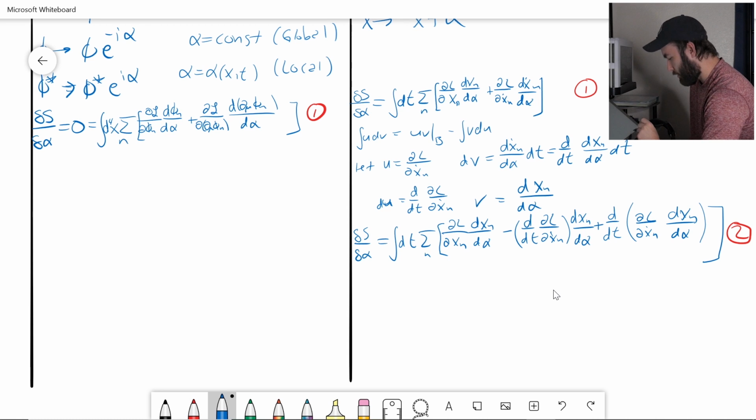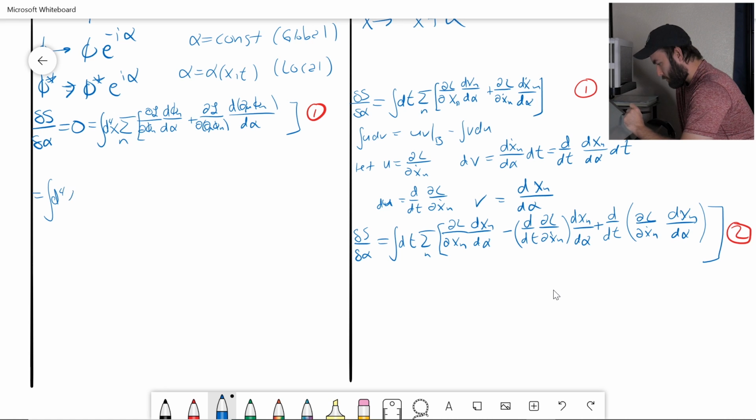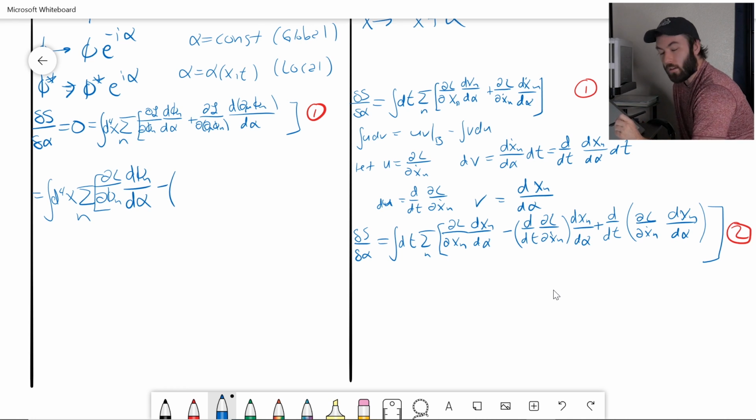And how do we say that over here? We'll just do our little translation. So this is equal to the integral, dt becomes d4x. Sum over the fields. First term is left unchanged: dL/dphi_n, d phi_n d alpha, minus, now things get a little weird, d/dt's are replaced with d_mu's.